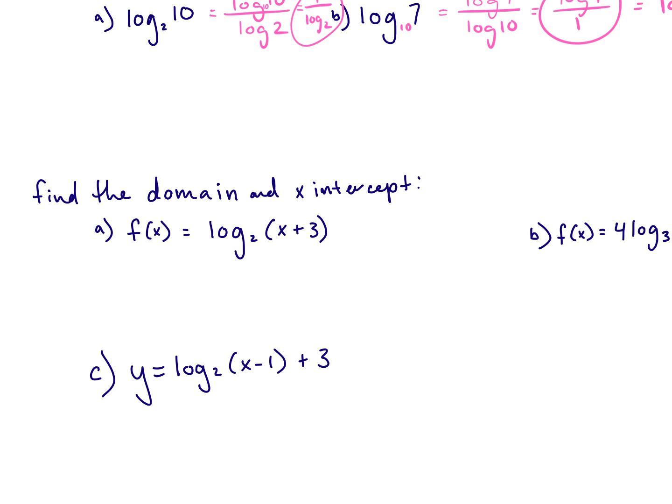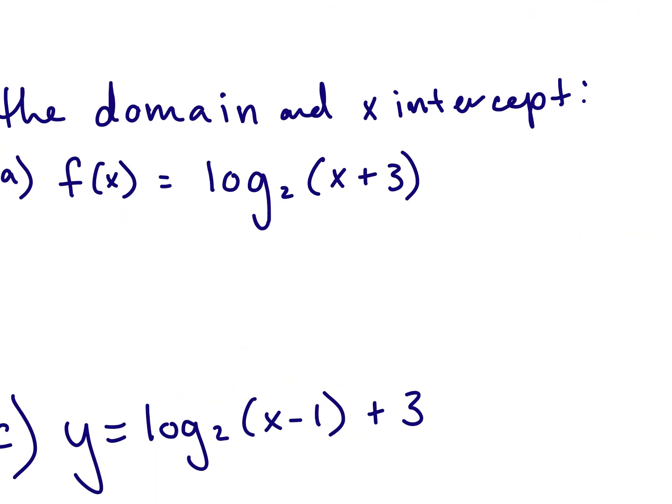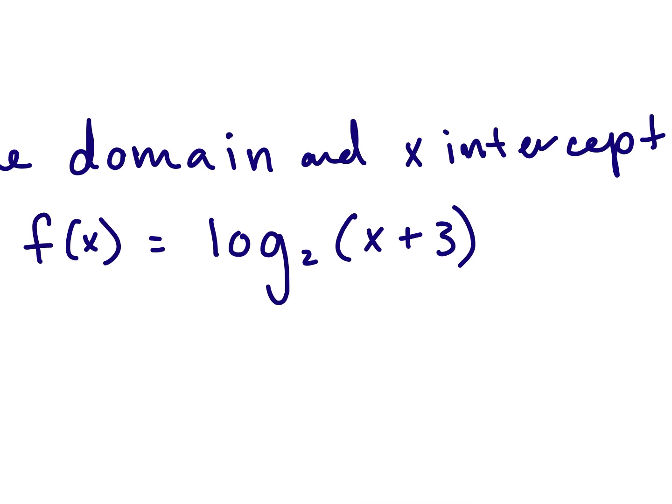For the next one, we want to find the domain and the x-intercept of our log graph here. So it's important to know that our log graph has this shape unless we have a transformation happening to it. So for our domain, if this was log base 2 of x with no transformations happening, our domain would be from 0 to infinity.